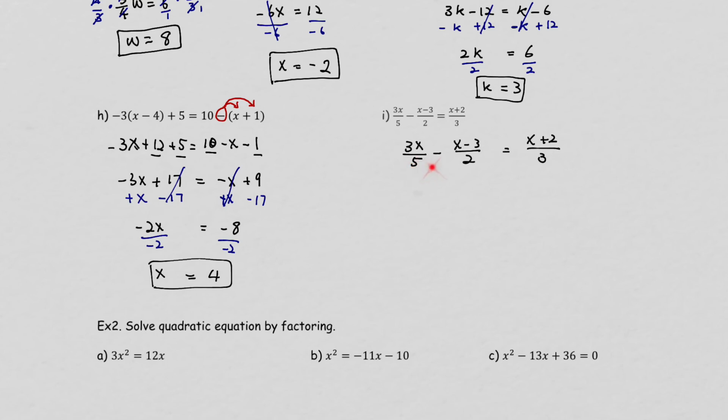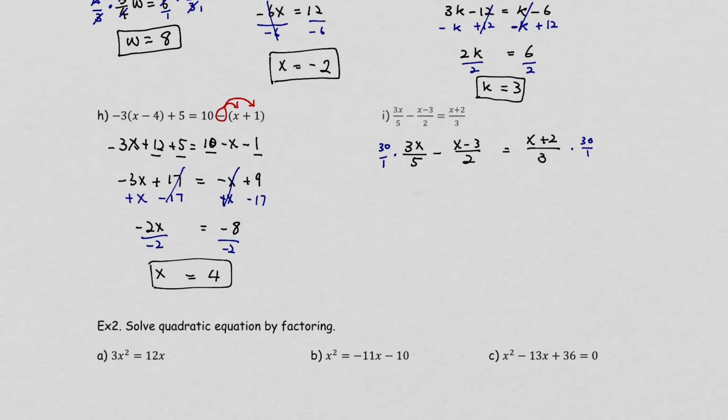We have denominators 5, 2, and 3. So if we find the least common denominator of these three numbers and multiply it throughout the equation, then we should end up getting rid of the denominators, which means no more fractions, right? So the least common denominator of 5, 2, and 3 is going to be 30. So we're going to multiply this by 30 over 1, this by 30 over 1.